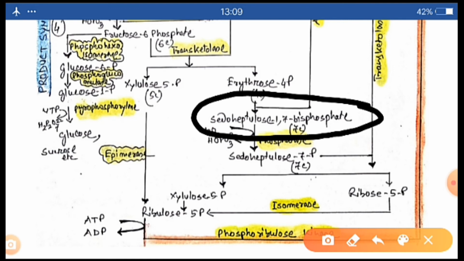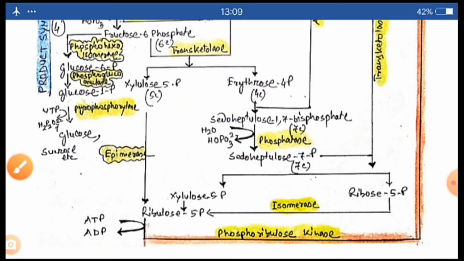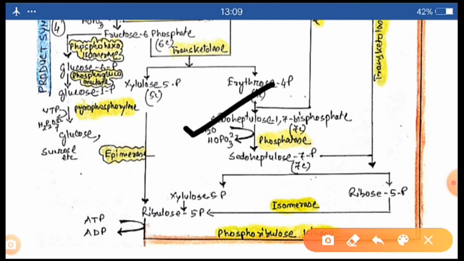And in the next step, this sedoheptulose 1,7-bisphosphate is converted to sedoheptulose 7-phosphate by removing 1 phosphate. Here the phosphate receiver is water, and as a result, sedoheptulose 7-phosphate is formed.